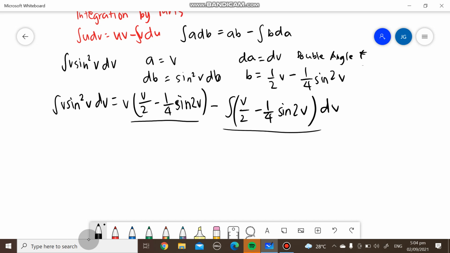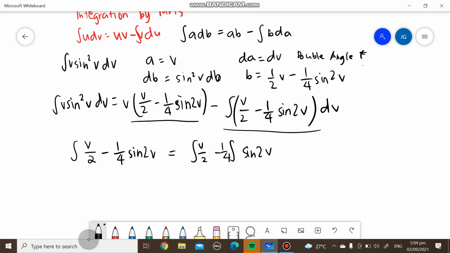Ito na lang yung problema natin. So, let's go ahead and integrate that. We will have the value of the integral of v over 2 minus 1/4 sine 2v. So, the integral of that is simply the integral of v over 2 minus the integral of 1/4 sine 2v.